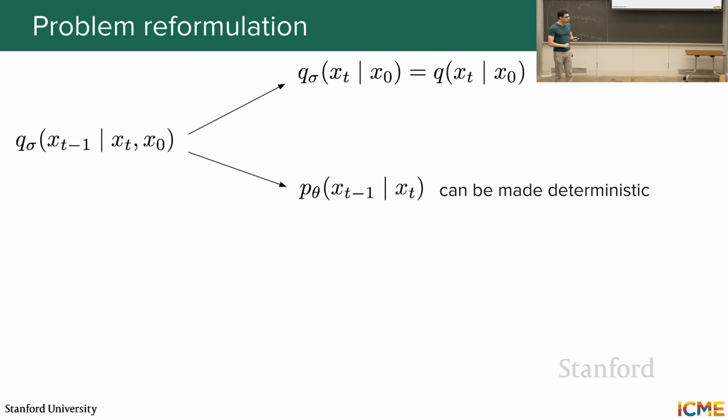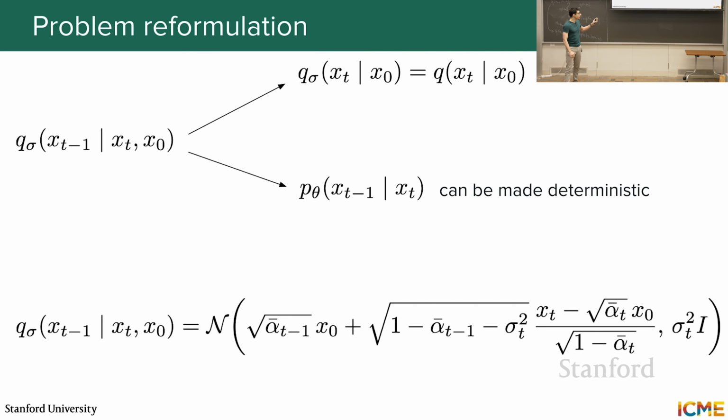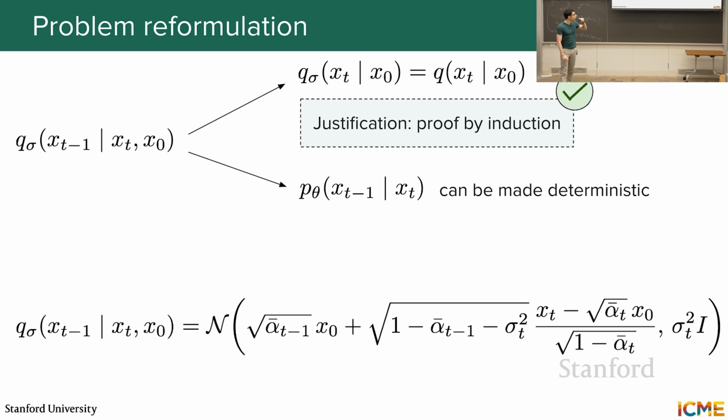So I'm going to throw a formula at you and verify that this works. This formula is parameterized by a parameter called sigma here, which is a hyperparameter. By reasoning with the process of induction, we can verify that the marginals Q sigma of xt given x0 match the ones that we had in the case of DDPM.